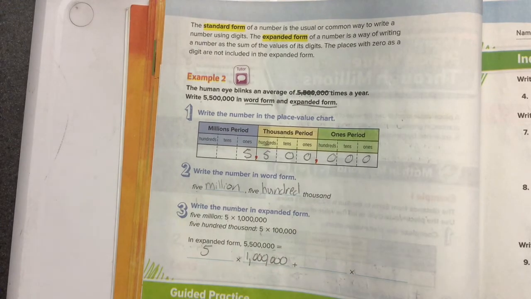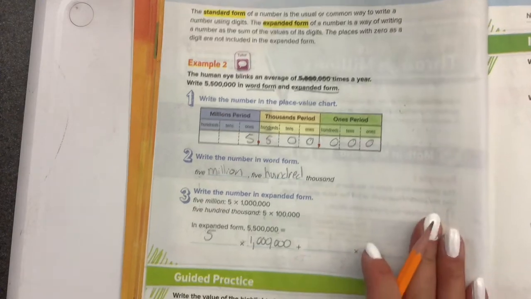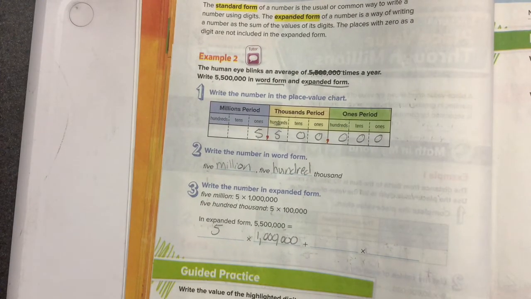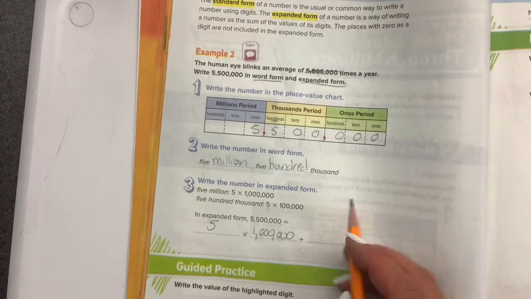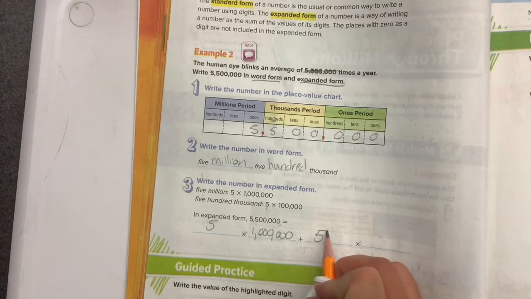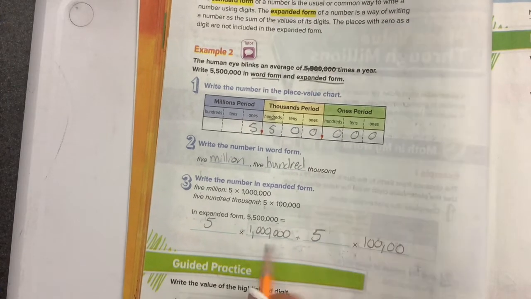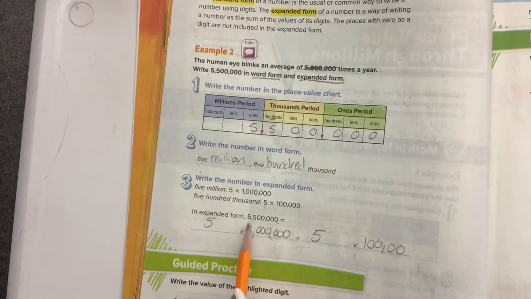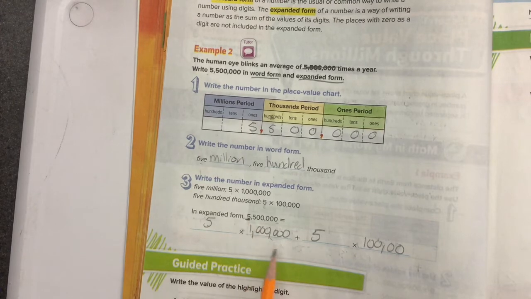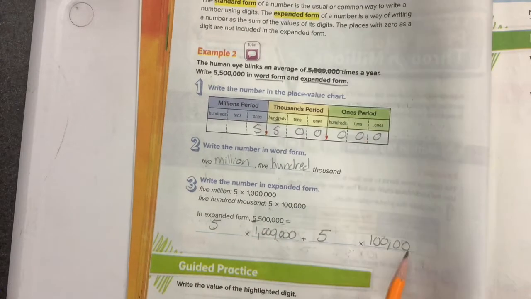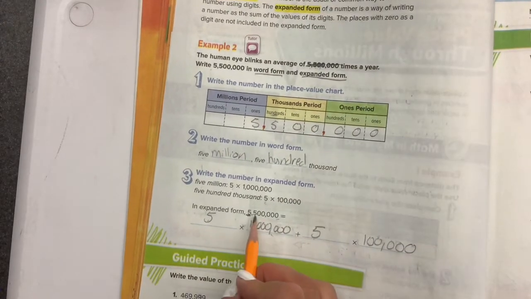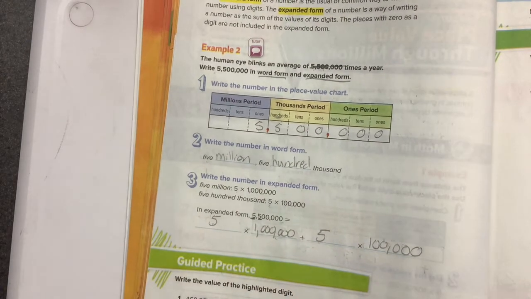Now, if you don't write very neatly, you will want to try your best for this lesson because they don't give you very much room and you need to be able to fit these numbers in all of these spaces. And this will be 5 times 100,000. Okay, 5,000,000 gives us that place value right there. 5 times 100,000, oh, forgot a 0, gives us that place value right there.